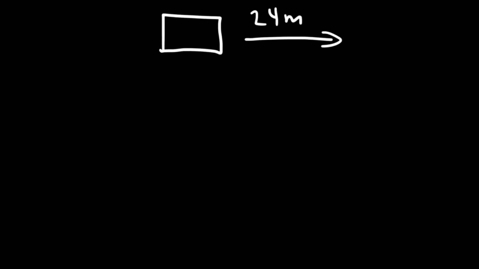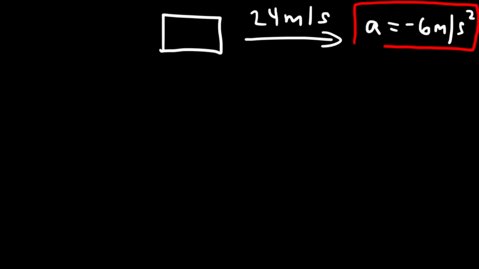Now, let's say we have another object that is moving in an eastward direction at a speed of 24 meters per second. But this time, let's say the acceleration is negative 6 meters per second squared. What's going on here? Is this object speeding up or slowing down?